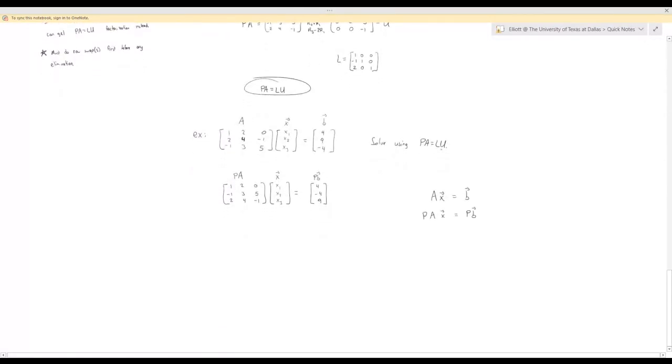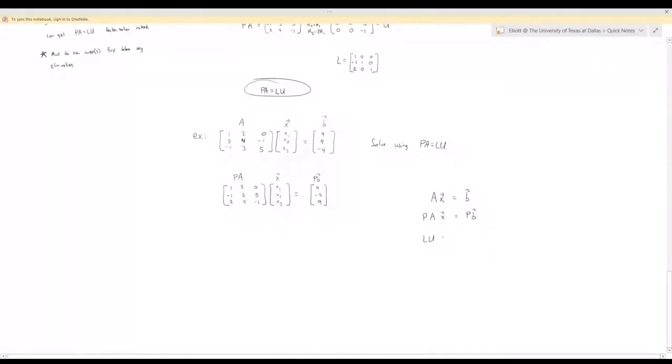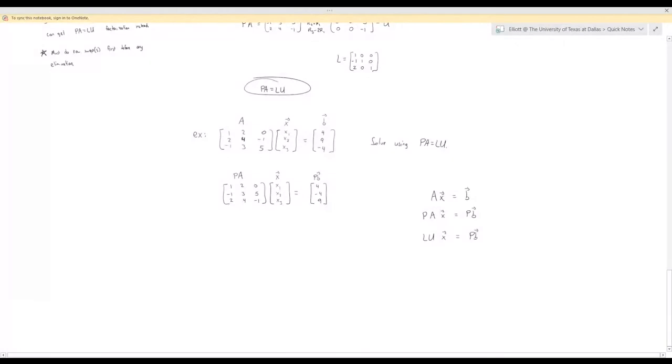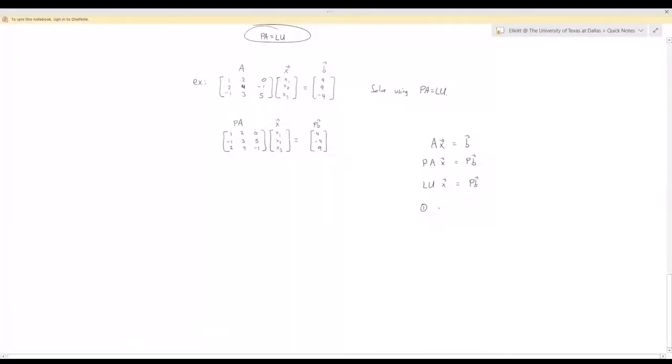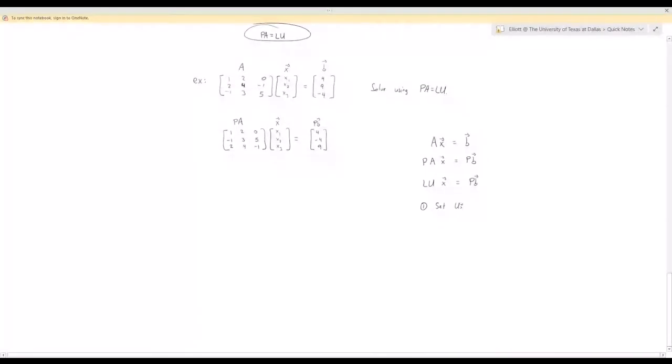Now next we have that PA equals LU. So at this point we can solve this the way that we talked about earlier for an ordinary LU factorization. The idea was we're going to set UX equal to some vector Y. So now we have LY equals PB.